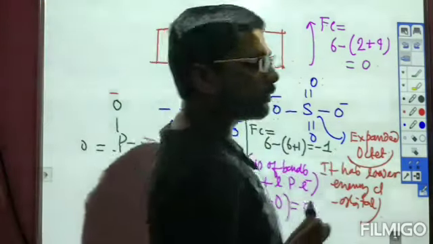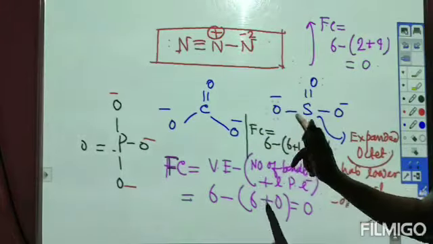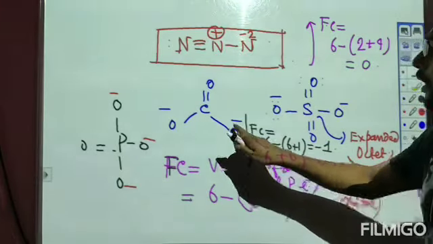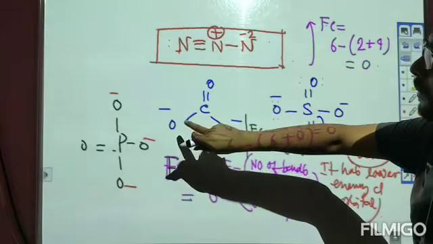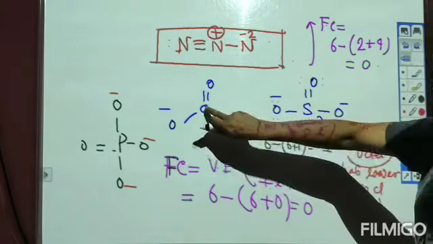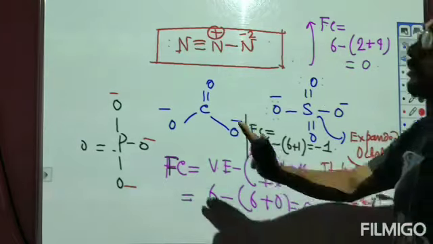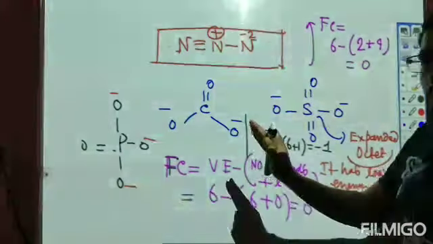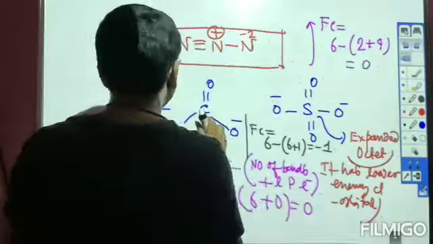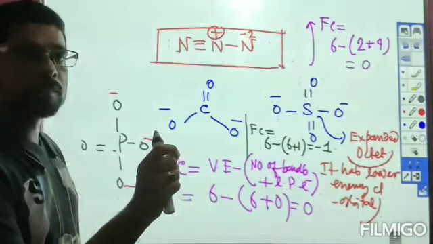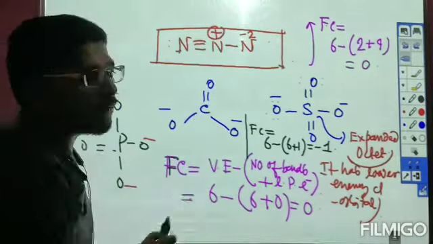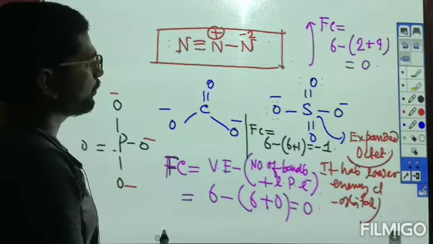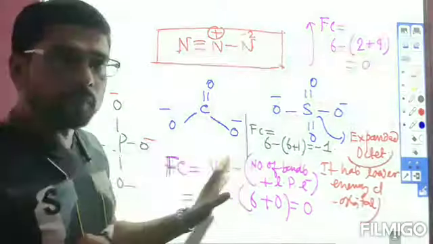What I am trying to say is, if an element forms its usual number of bonds, its maximum covalency, with the central atom, then it won't carry any formal charge.